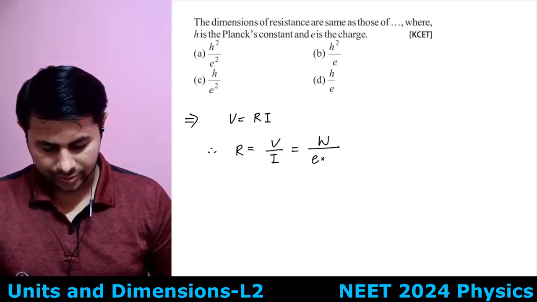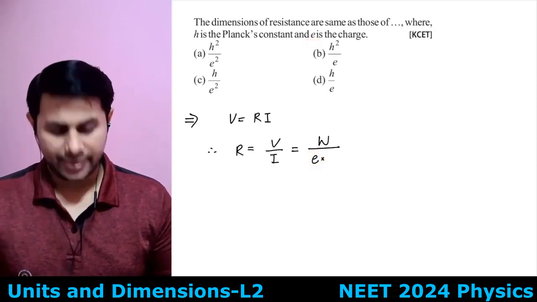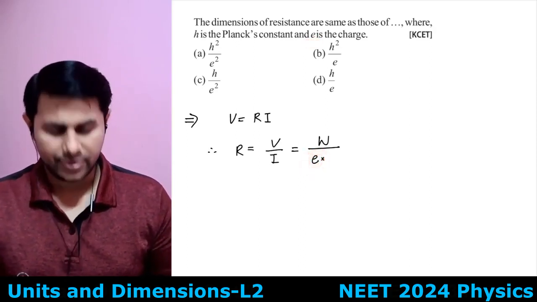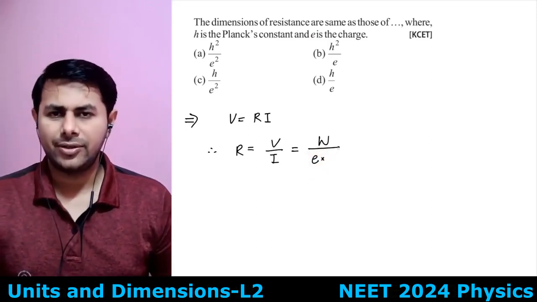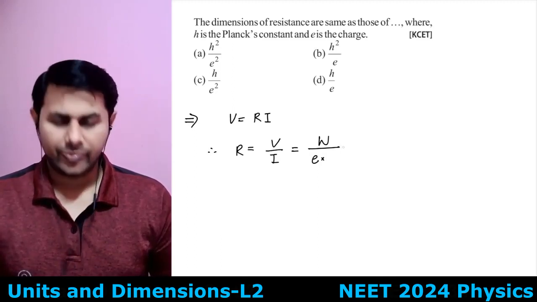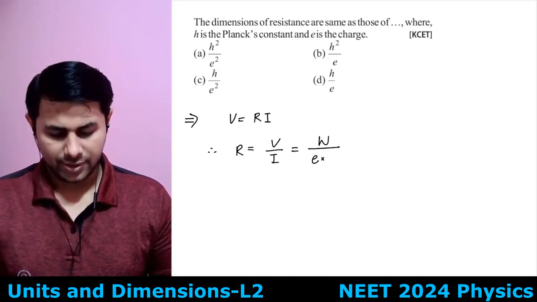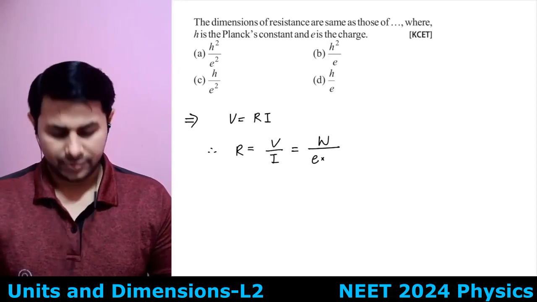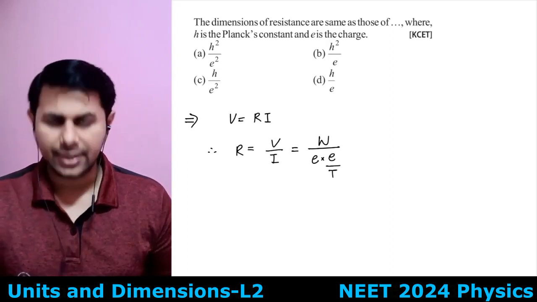So I have taken e for the charge in place of q, since they are saying e is the charge. And I can be written as current, in amperes, which is charge per unit time.